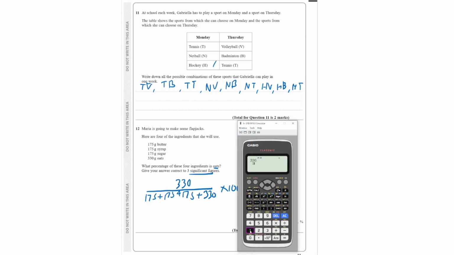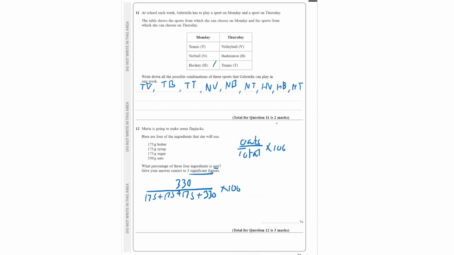330 over 175 plus 175 plus 175 plus 330, which is then multiplied by 100. We get 38.59, which is equal to 38.59%, but round to 3 significant figures.